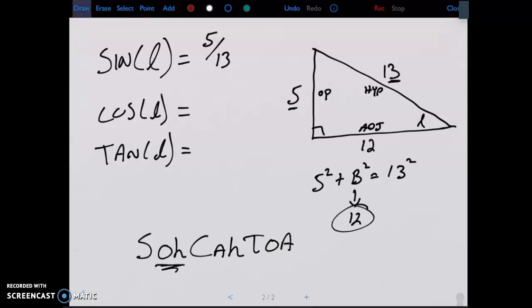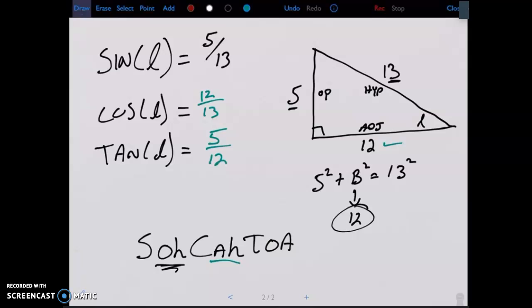So now that we've found the missing side, we can say the cosine is adjacent over hypotenuse, that's 12 over 13.